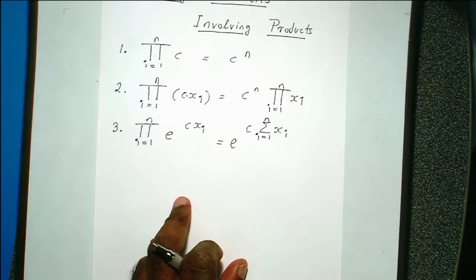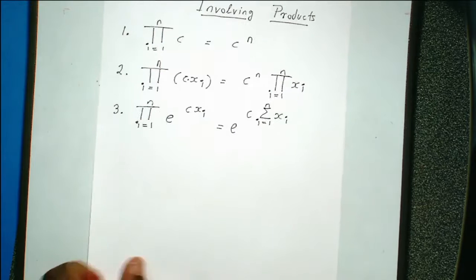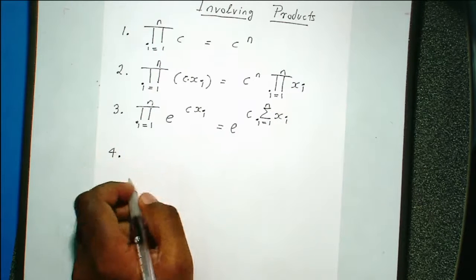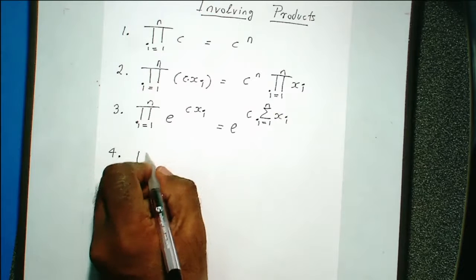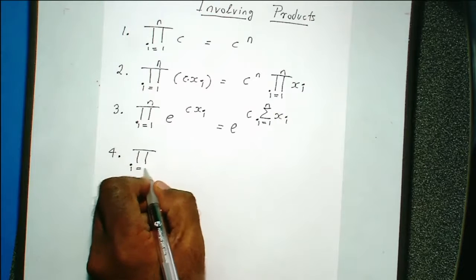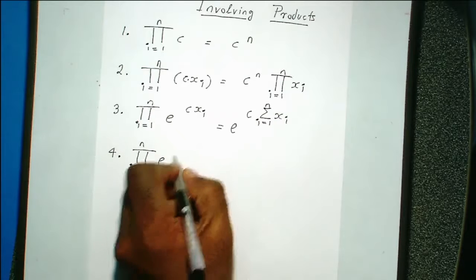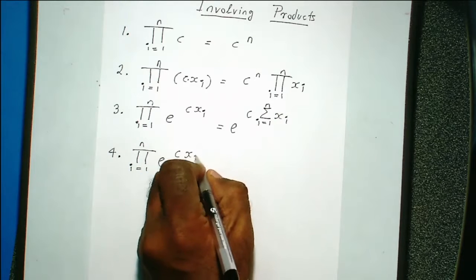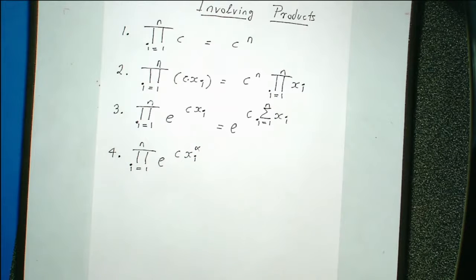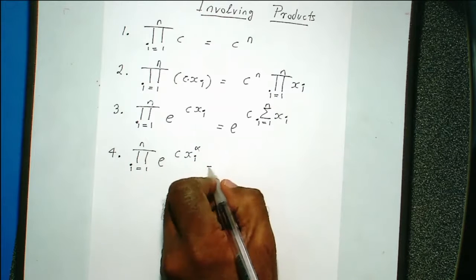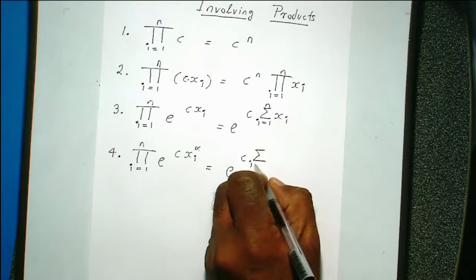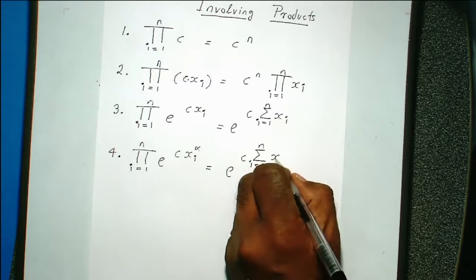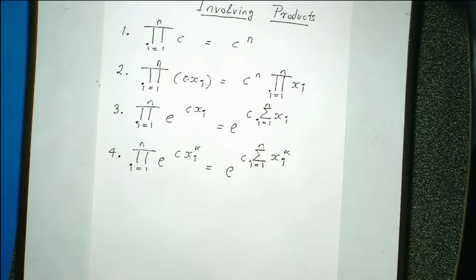Seems some of you have seen everything before. And number 4, if you have e to the c xi power alpha, where alpha is a constant, then this you can write as e to the c times the sum like this, right?